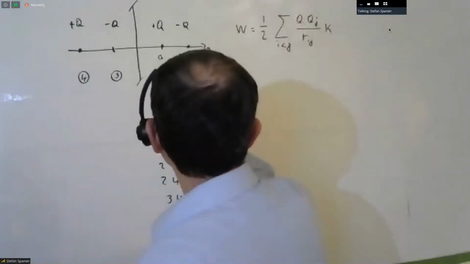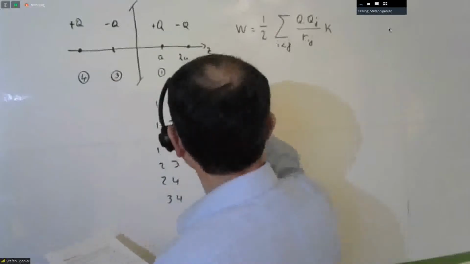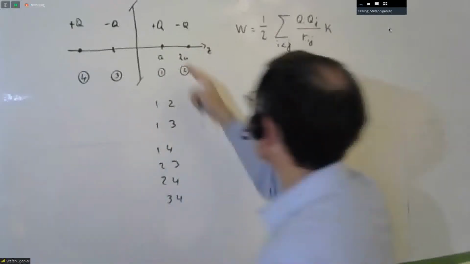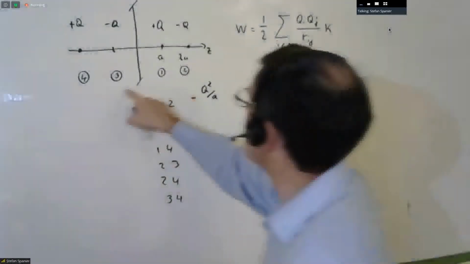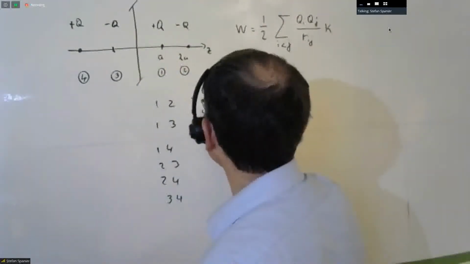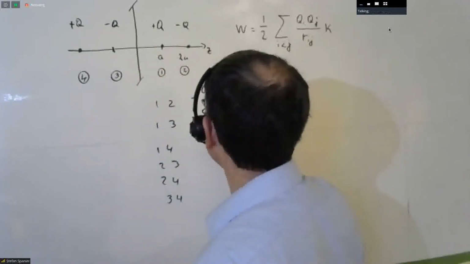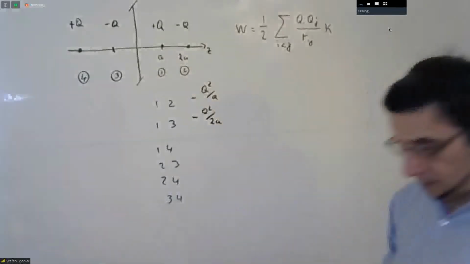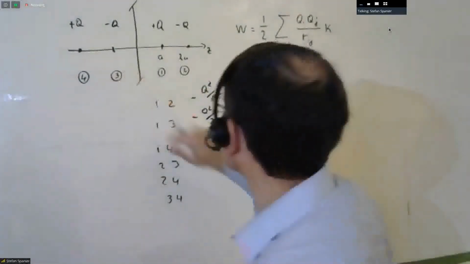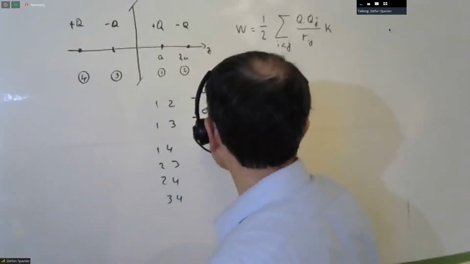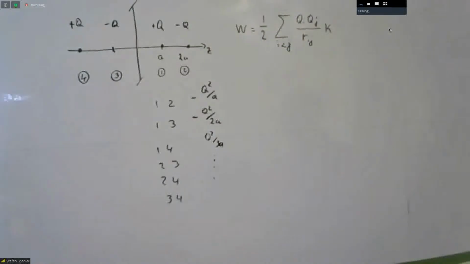So here, just for bookkeeping, the first one, that's minus q squared over a, no? And then accordingly, 1,3, this is minus q squared over 2a. And then the third one is a positive q squared over 3a, and so on. I think it's clear.